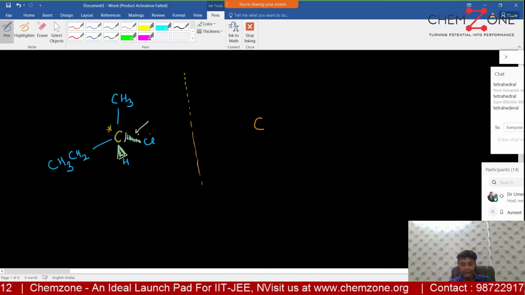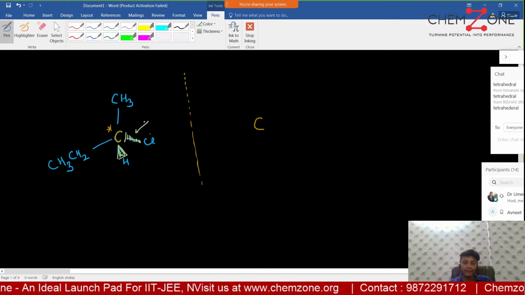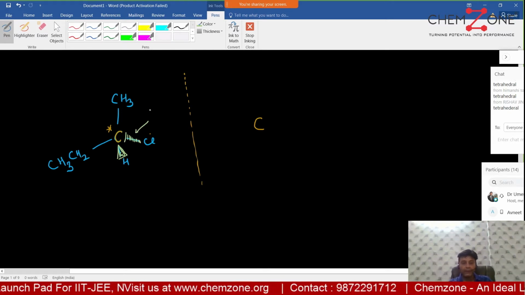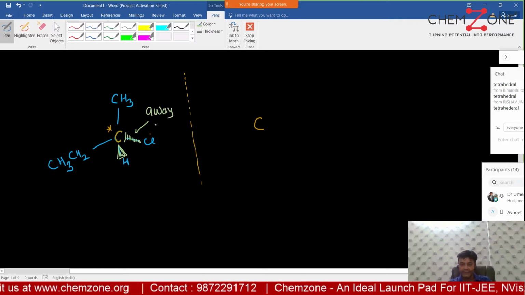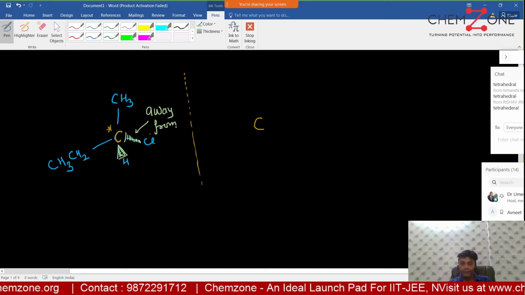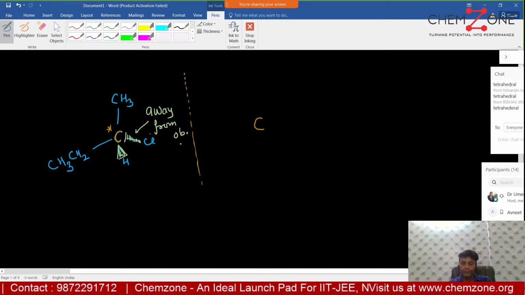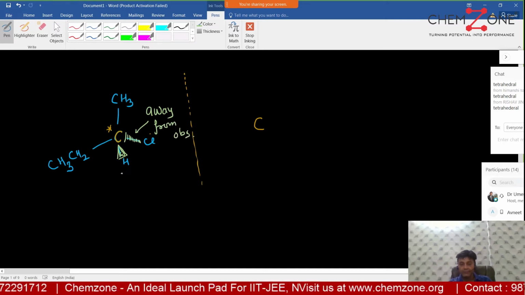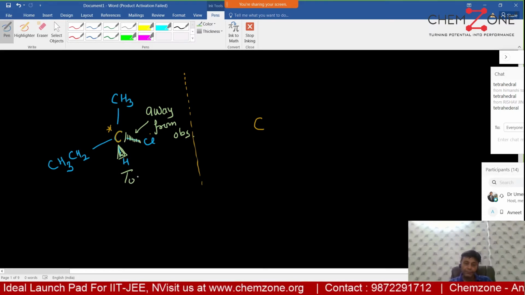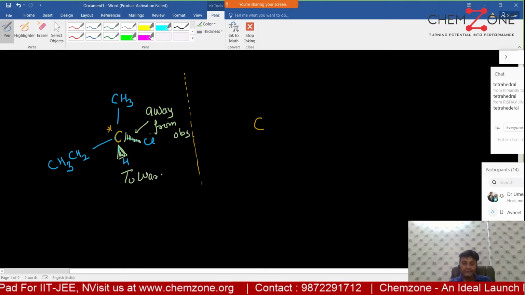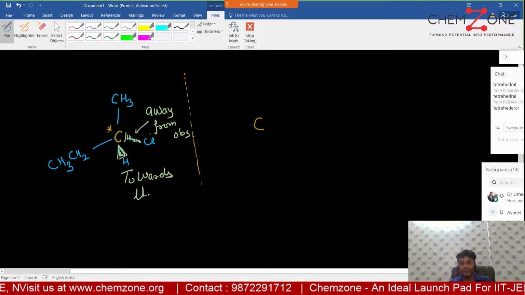this dash line indicates that the chlorine is away from the observer. It is behind the screen, away from the observer. And this is towards the observer. It is protruding out of the screen, towards the observer.